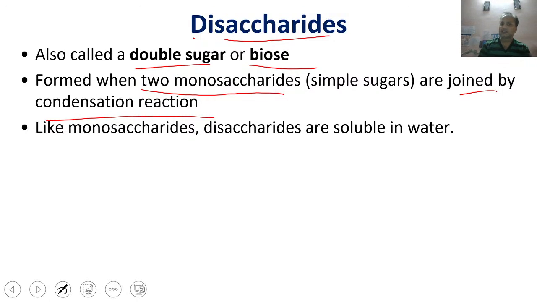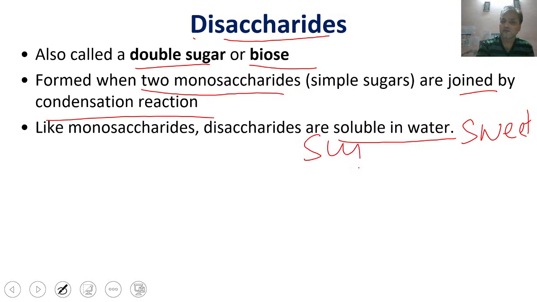Similar to monosaccharides, disaccharides are soluble in water and sweet in taste. So monosaccharides and disaccharides both are called sugars because of water solubility and their sweet taste.